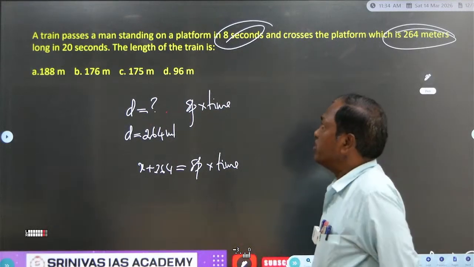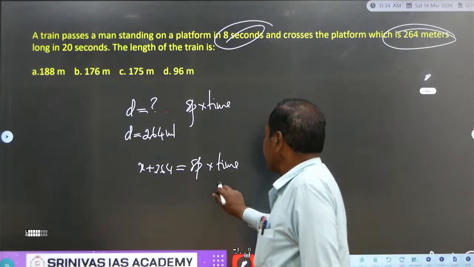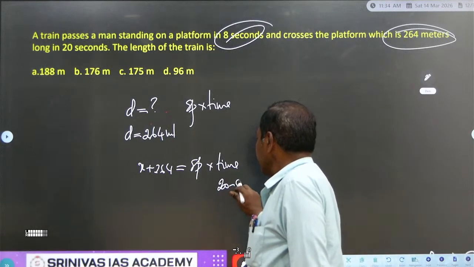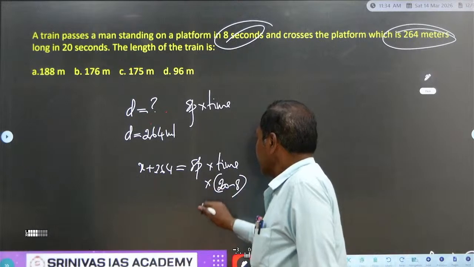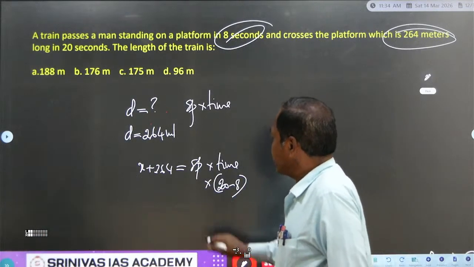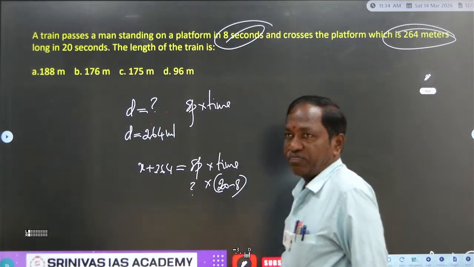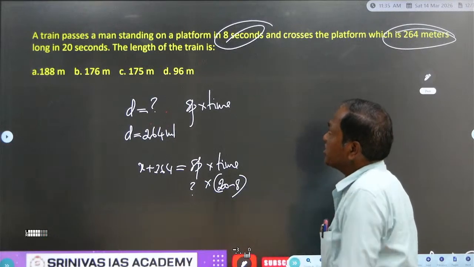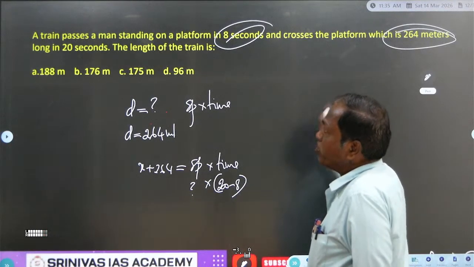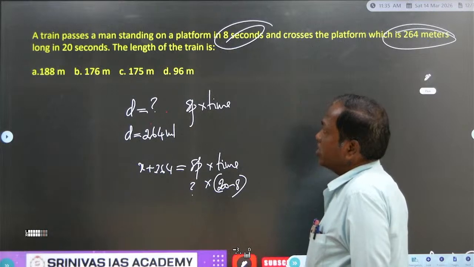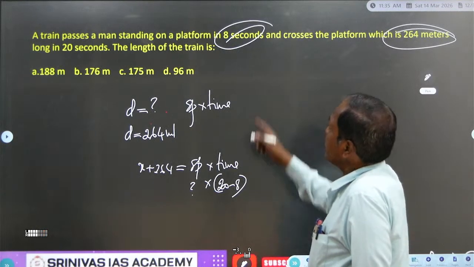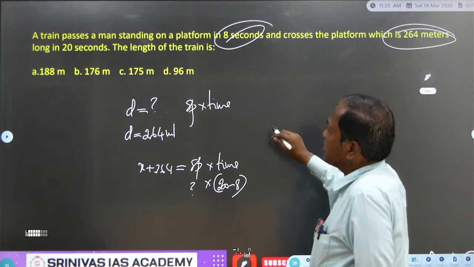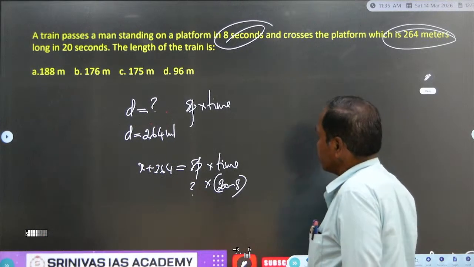The difference you can take, 20 minus 8. And speed we need to know. First we have to find the speed. Crossing the platform we leave it, and crossing the man you can take. What is the distance? We cannot say that.